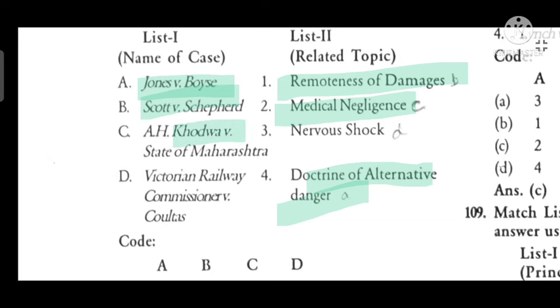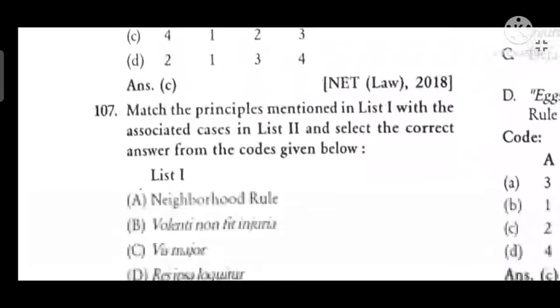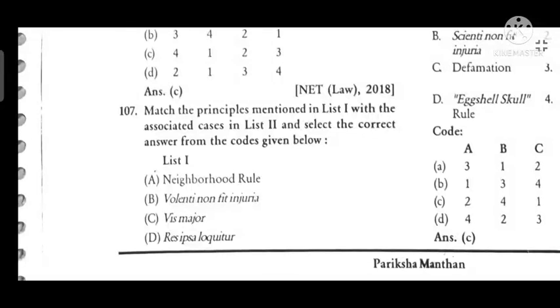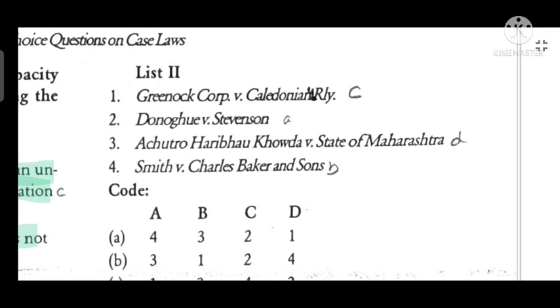Remoteness of damage. A.H. Kodwa versus State of Maharashtra. Medical negligence. Victorian Railway Commissioners versus Coultas, nervous shock. Donoghue versus Stevenson, neighbour rule.